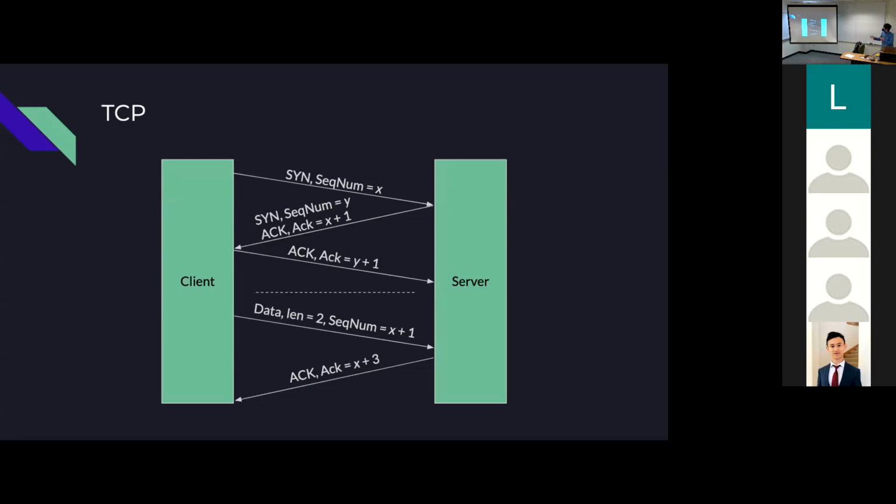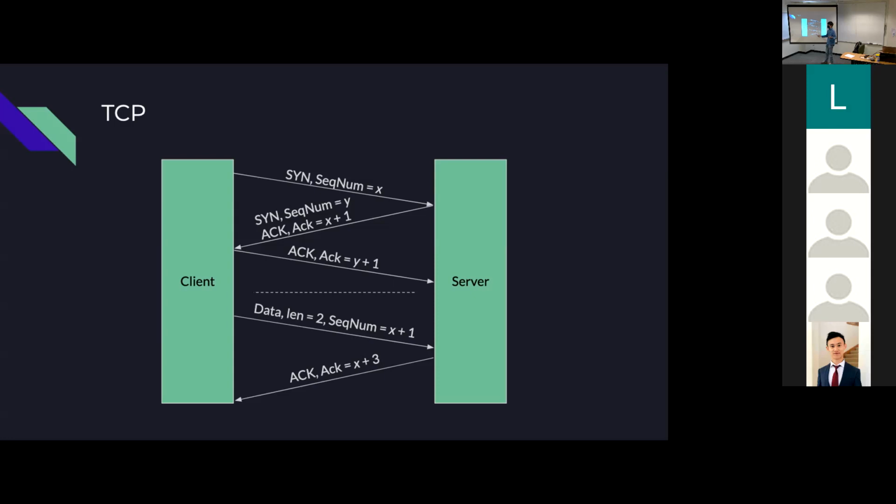This is an example of what the TCP handshake looks like. So everything above here is considered the handshake itself. It's called the three-way handshake because there are 3 packets that make up the handshake. The first is SYN, which stands for synchronize.